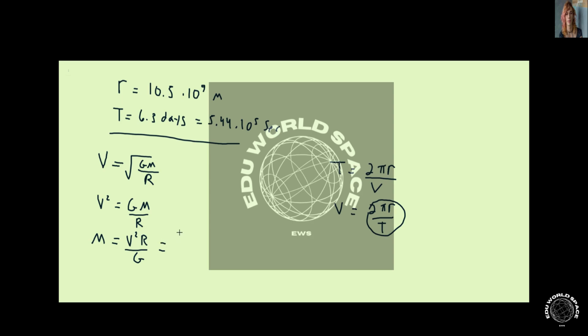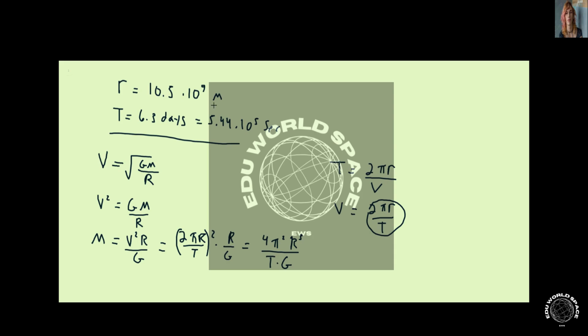So doing that, we have 2 pi r over T, and that whole thing is squared, and then times r over G. Oh, and those are the same r. So simplifying that, we should get 4 pi squared times r cubed, divided by TG.